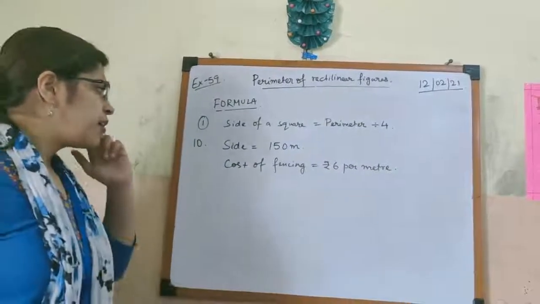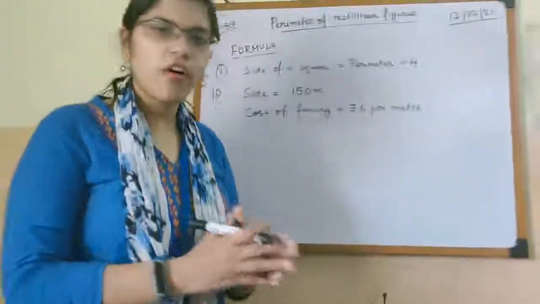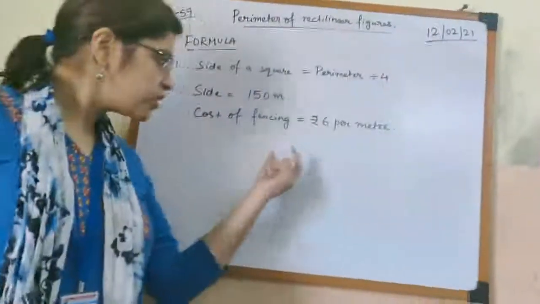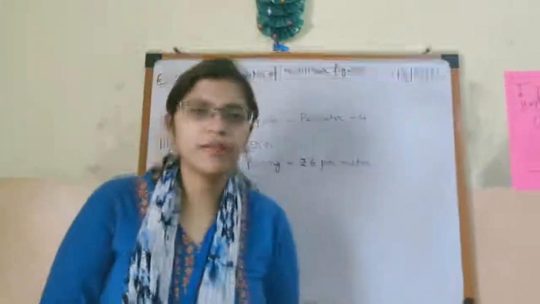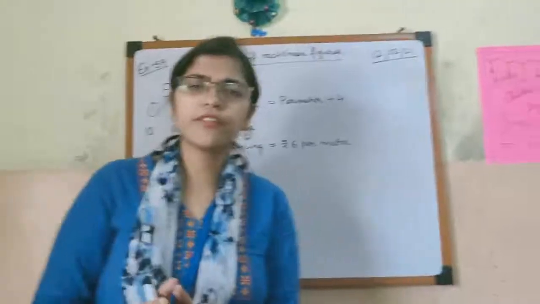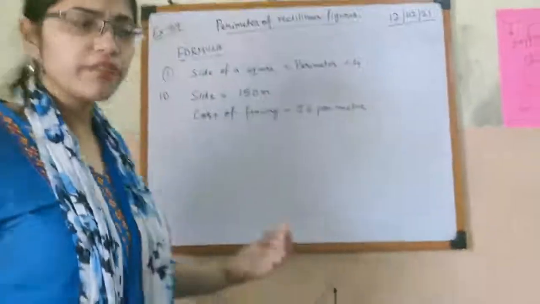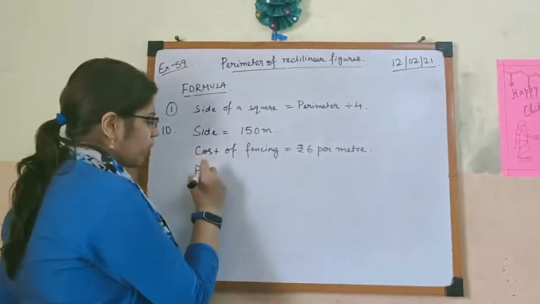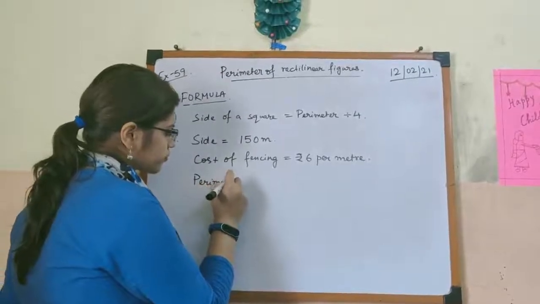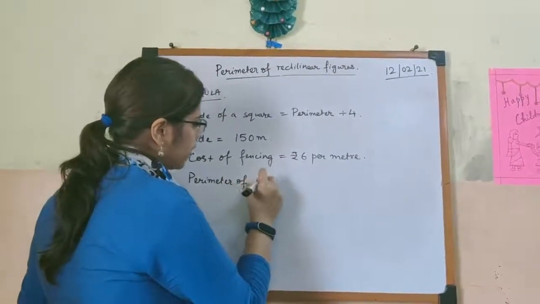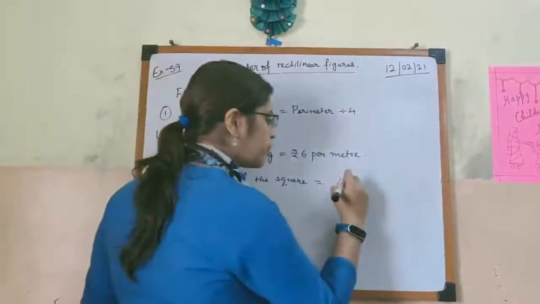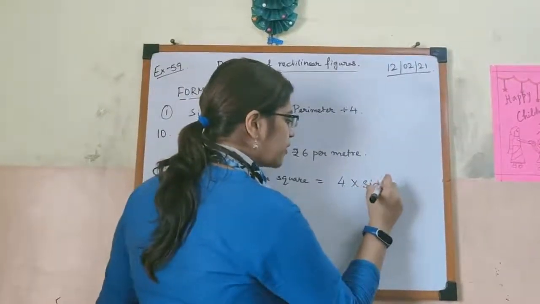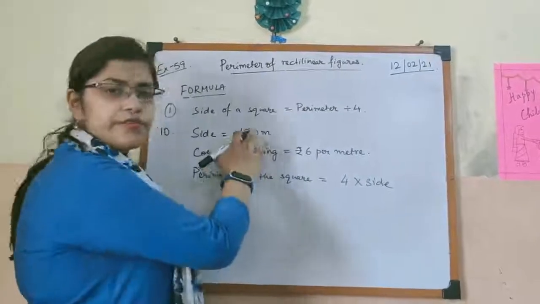Now, cost of fencing means what? I have already told you that fencing means the outer boundary, and the outer boundary means the perimeter. So we definitely have to find out the perimeter first. Perimeter of the square will be 4 multiplied by side, and the side is given as 150 meter.